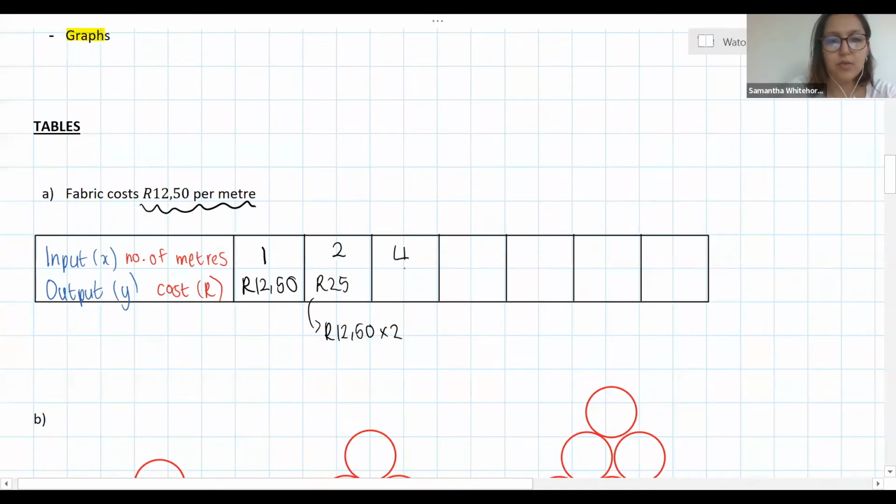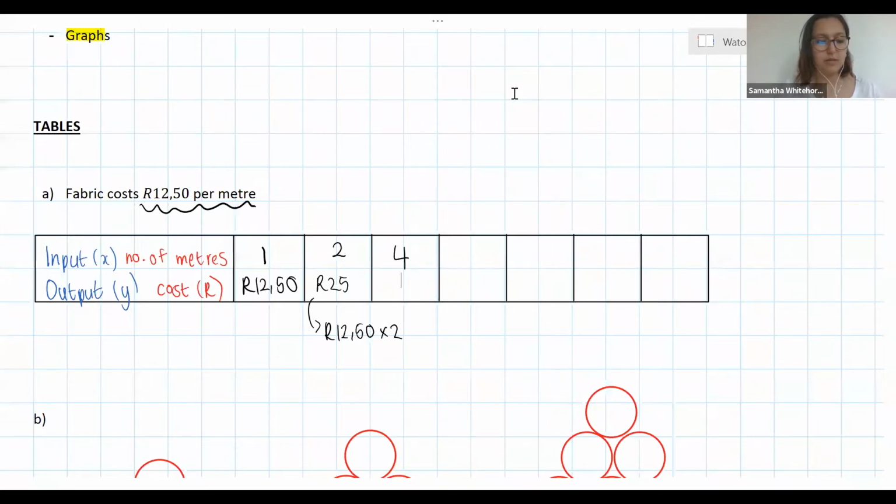Let's do 4 meters. Who can tell me how much 4 meters is going to cost? Oh no, the lady ran away. Ma'am, I think 70. How did you get that? Ma'am, I multiplied 12 Rand 50 by 4.